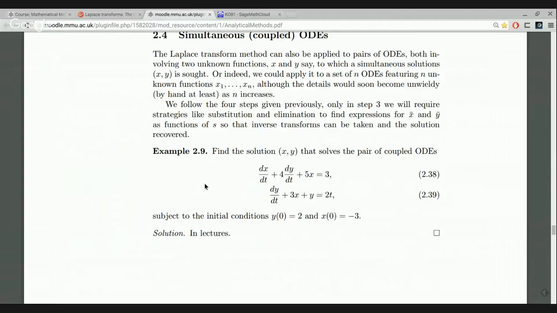In principle, the methods that we demonstrated then are applicable to a set of any number of such ODEs.